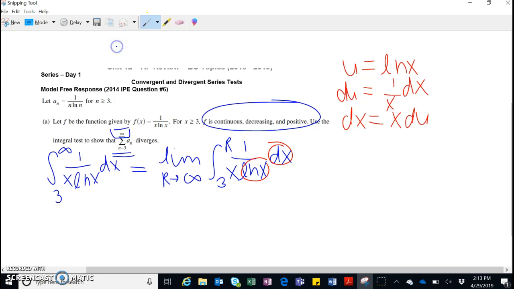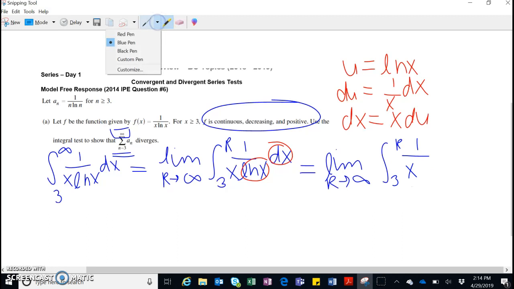So in this example, this becomes for me the limit as r approaches infinity of the integral from 3 to r of 1 over x times u times x du.